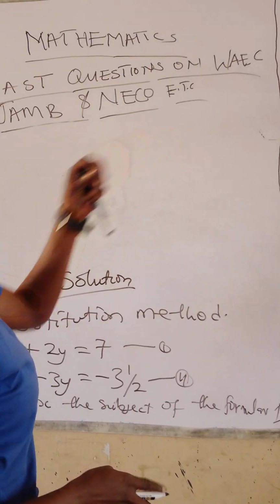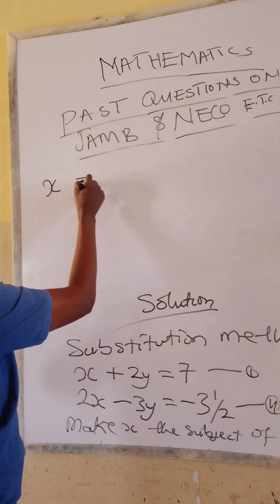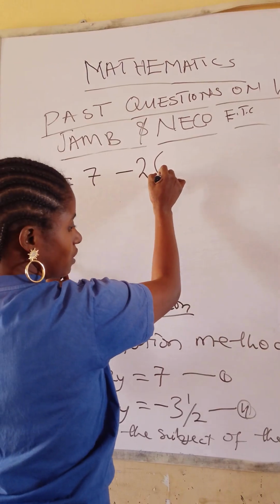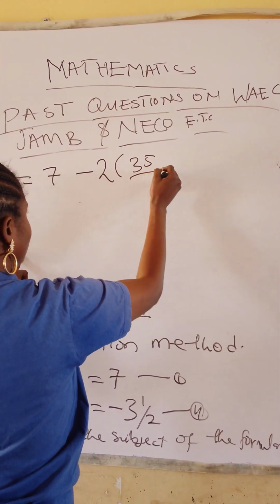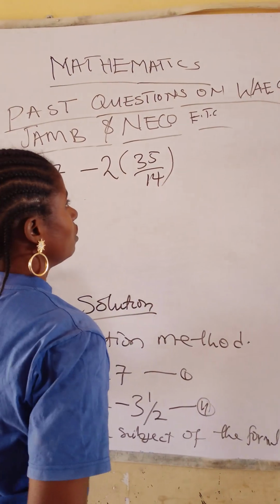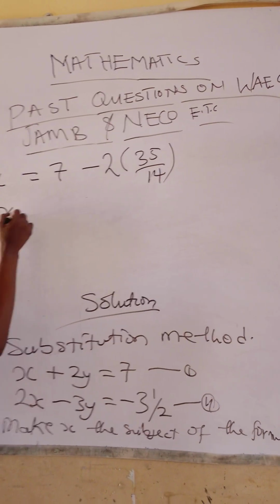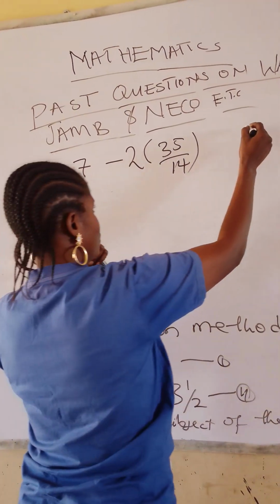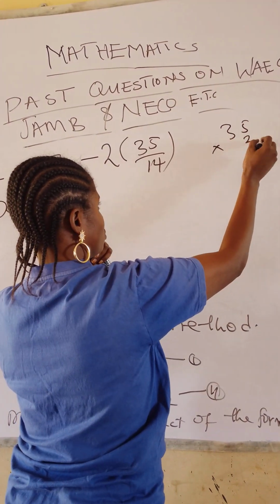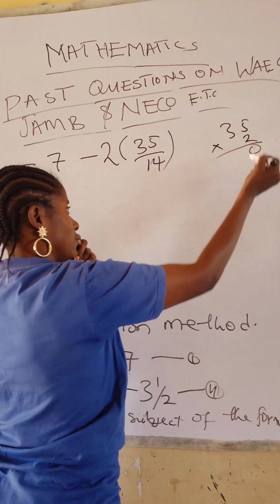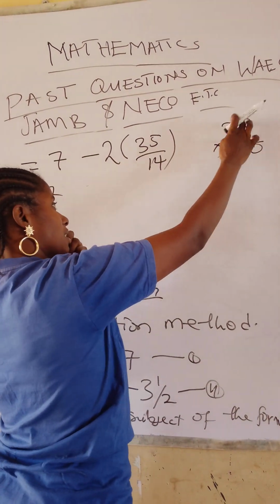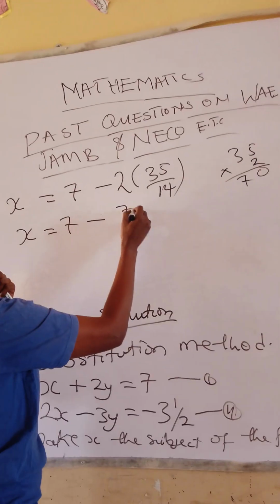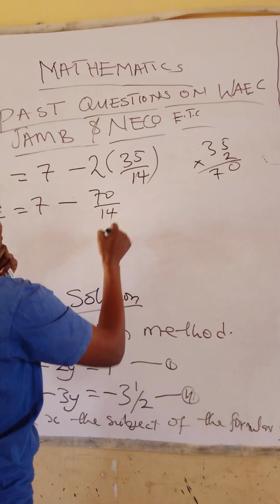we'll be using equation 3. Our x is equal to 7 minus 2 into the bracket of 35 divided by 14. From here, we have x is equal to 7 minus, this times this, 35 times 2. 2 times 5 is 10, write down 0, carry 1. 2 times 3 is 6, plus 1 is 7, so 70, minus 70 all over 14.